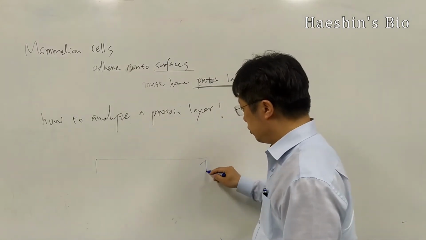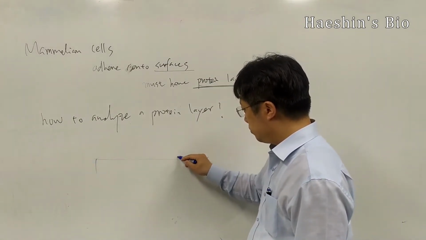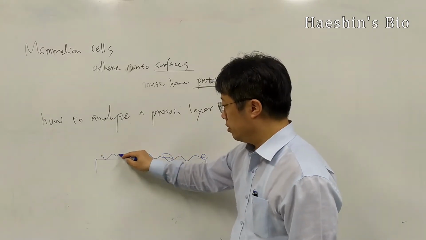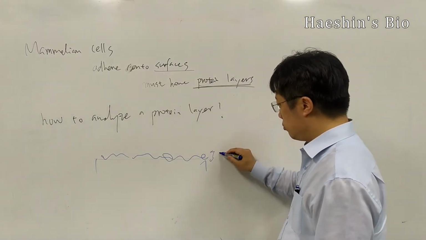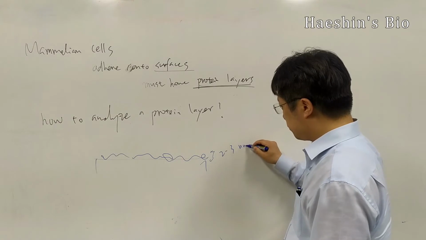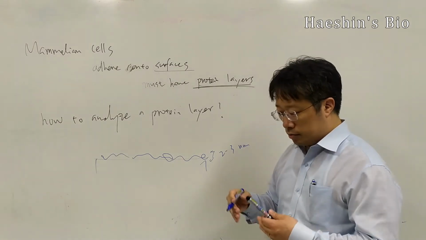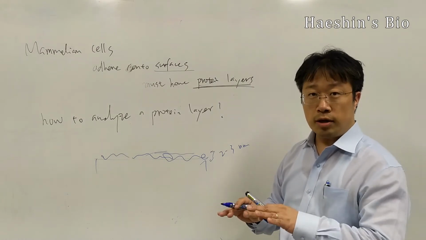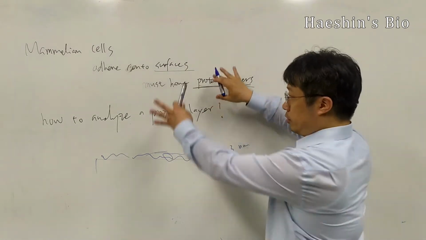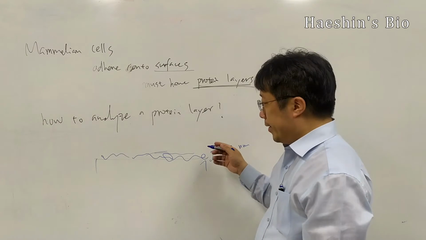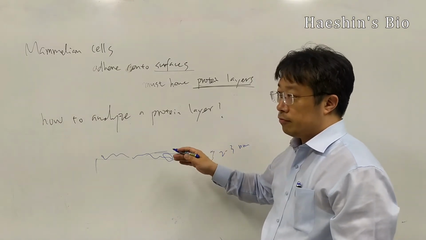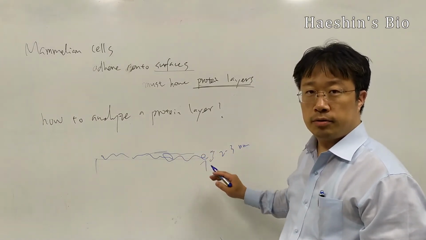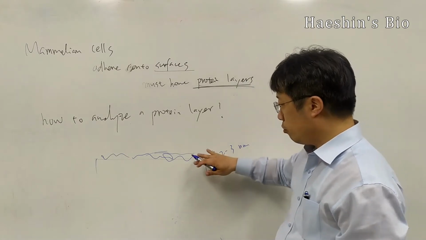If this is the surface, then proteins may be adsorbed here, but the dimension is generally 2 to 3 nanometers. Proteins can possibly form multilayers depending on the concentration of the solution, but still probably 5 to 10 nanometers at best on surfaces.